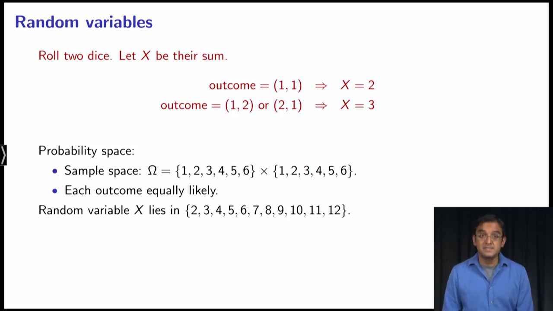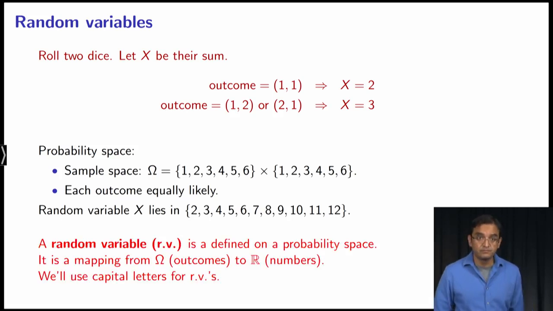Okay? X is a random variable. In general, when we have a probability space, a random variable is any function of the outcome. It captures some aspect of the outcome that we care about. That's it.